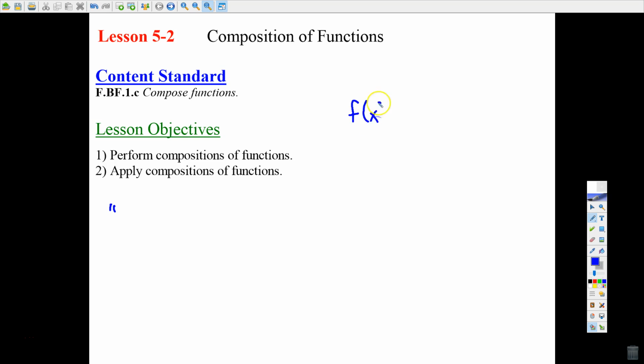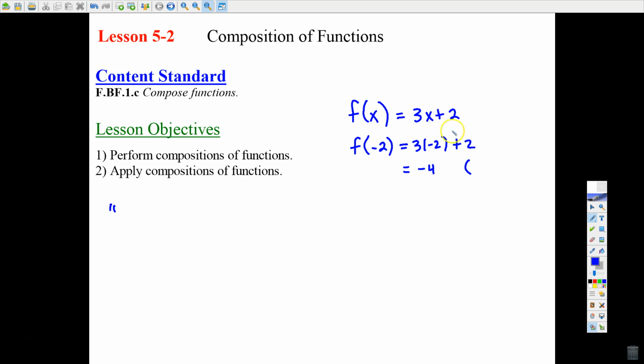For example, let's just say f of x is 3x plus 2, and when I want to evaluate a function, let's say for x is negative 2, this is just another way of saying if I input negative 2 into this function, what is the resulting output? So f of negative 2 would be negative 6 plus 2, which is negative 4.